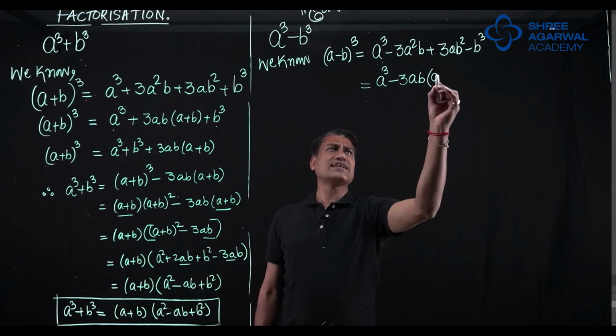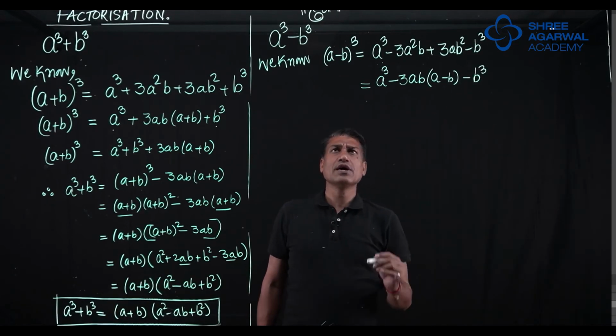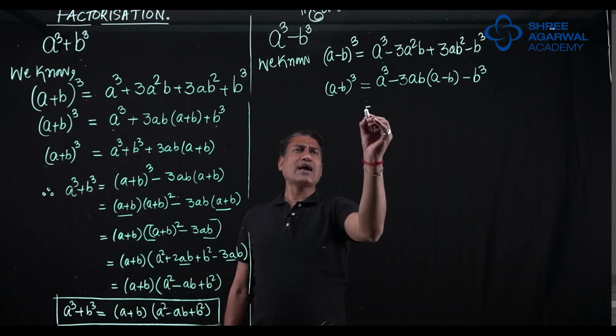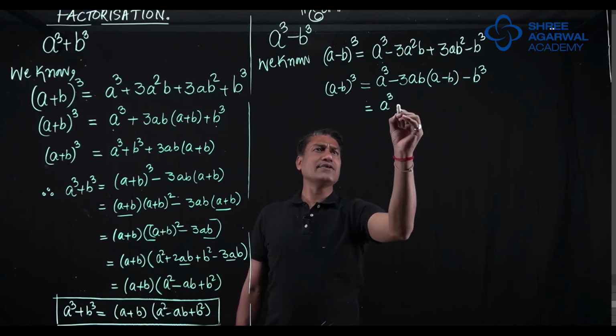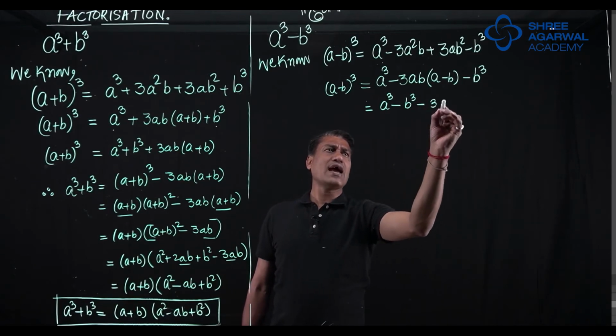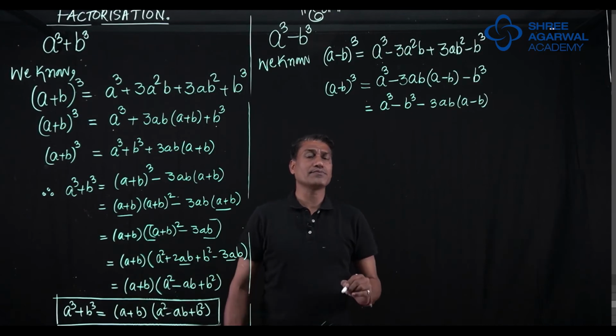What remains inside is a minus b. Now see friends, on the right hand side we have a cube and we have b cube. We will write them one after another, and this term we will write at the end, no issues at all.